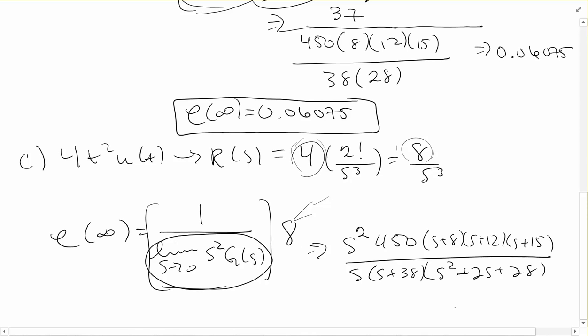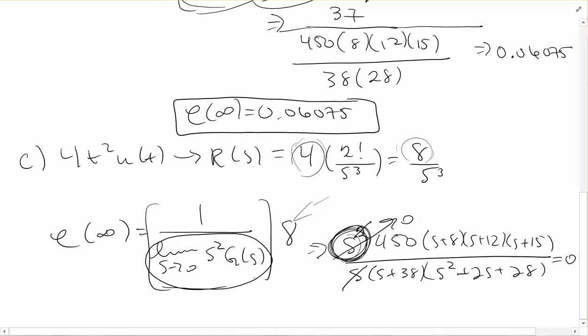Okay. Now let's cancel the terms that we can cancel. So this cancels with this. So that means we've got this S on the numerator. Remember we're taking the limit as S goes to 0. So that means this S is going to go to 0. So the numerator is 0. So that means this whole thing is 0.